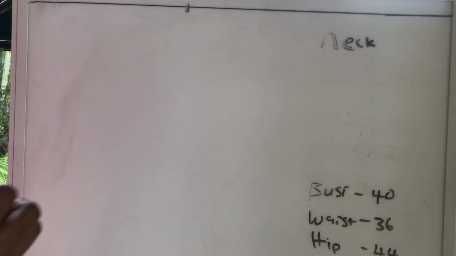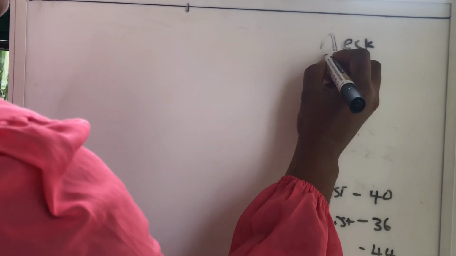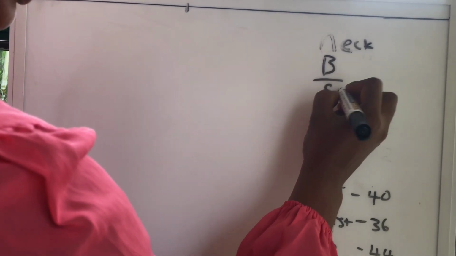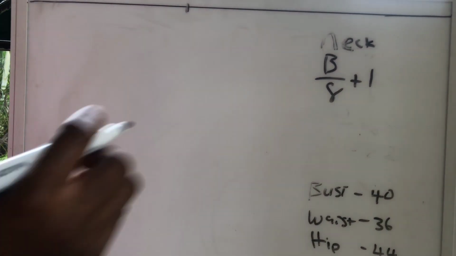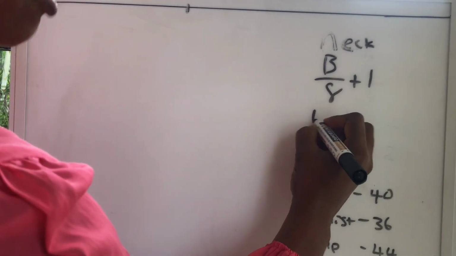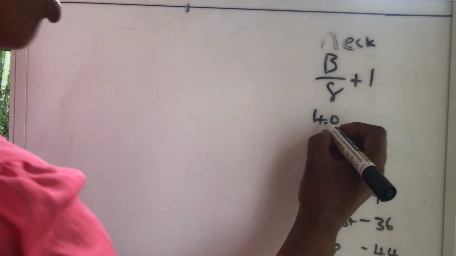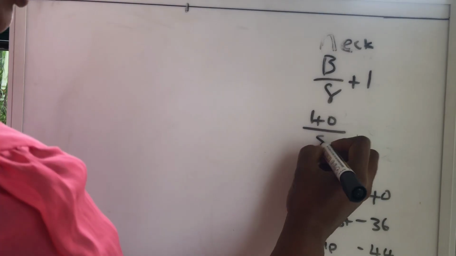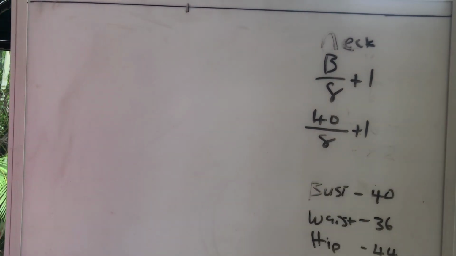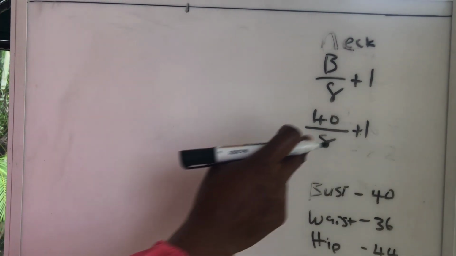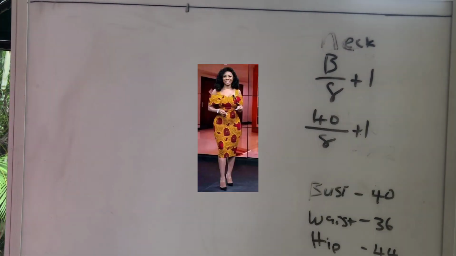The neck measurement is bust divided by 8 plus 1, of which this person's bust measurement is 40. So it's 40 divided by 8 plus 1. Whatever you get from this, you divide it by 2.